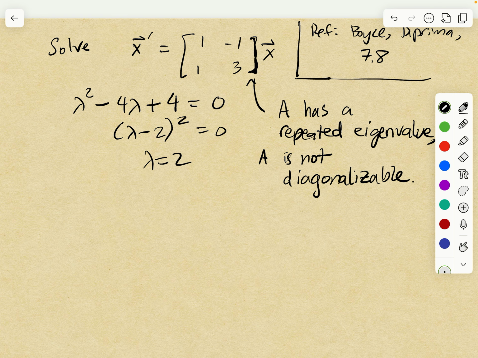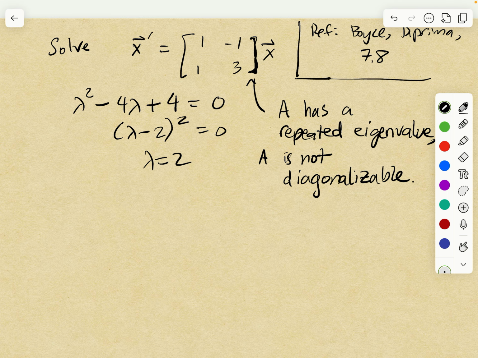That means, but we still want 2 independent solutions, right? Normally those 2 independent solutions come from eigenvectors, but we will not have 2 independent eigenvectors. The most you can have is 1 independent eigenvector.